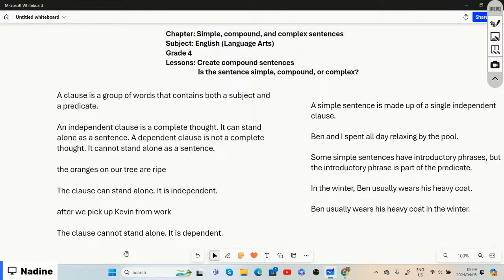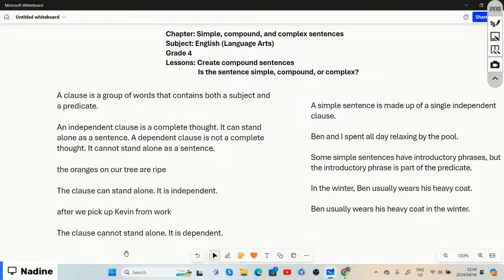And then we've been asking also what is a complex sentence. A complex sentence is basically where you have an independent clause as well as a dependent clause, joined together within a specific sentence.